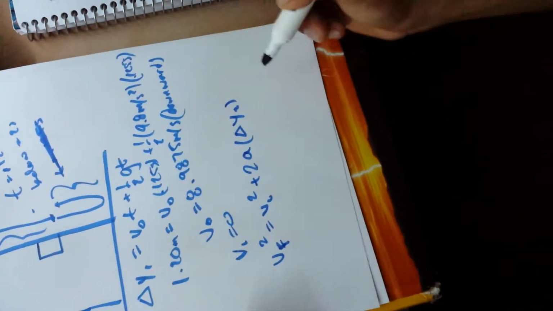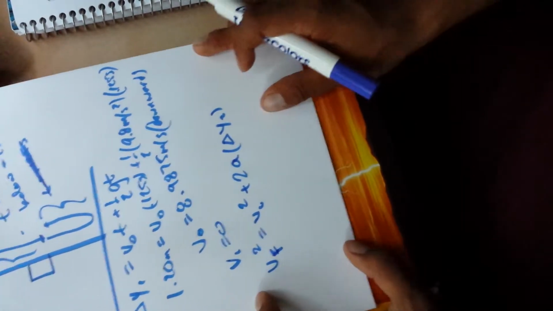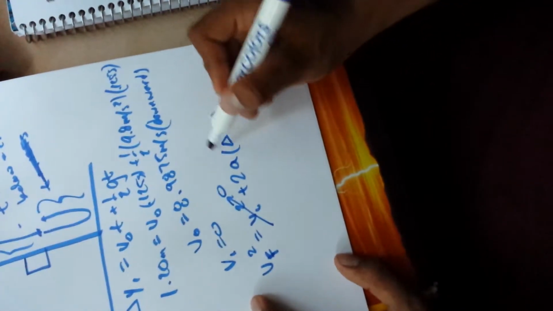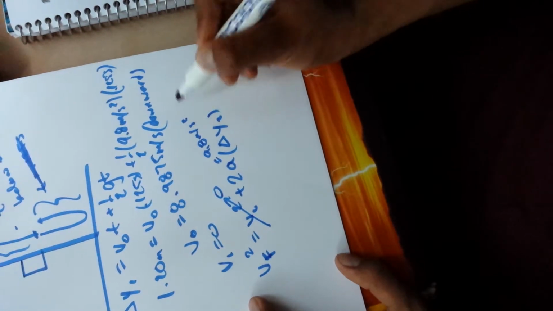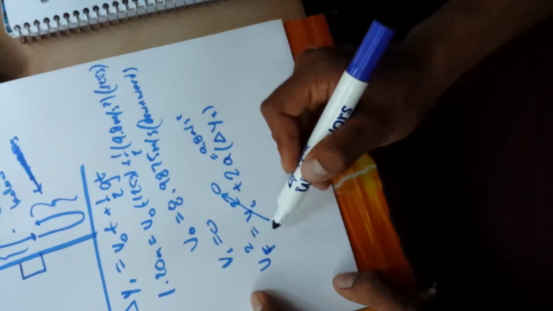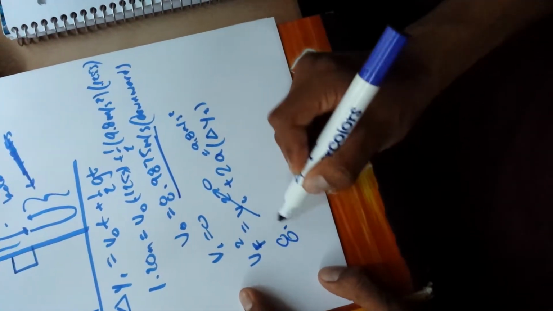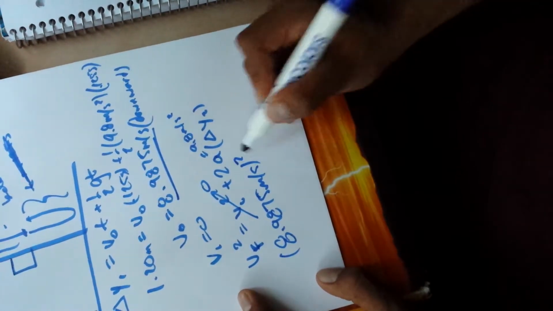Let's call this delta y2 because that's what we have to solve. V initial is obviously 0, a is 9.8 meters per second squared, and the v final comes from here. Let's rewrite this so it's simpler to understand. Don't forget the square.